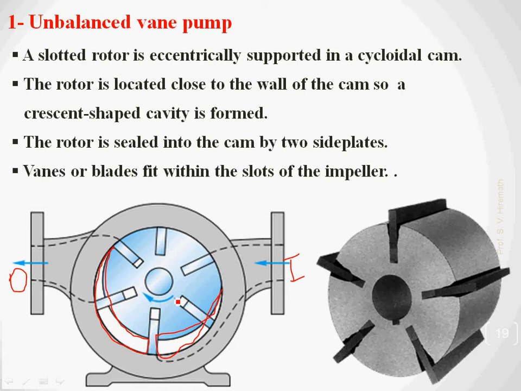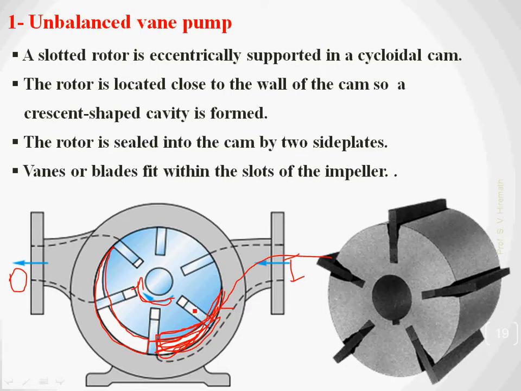The rotation of this rotor will be in the clockwise direction, because of which there is an increase in the volume. This increase in the volume is going to reduce the pressure, because of which the oil is going to be sucked from the atmosphere or from the reservoir into the chamber.